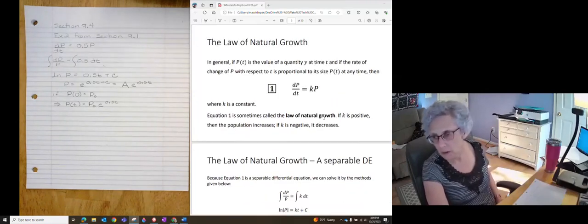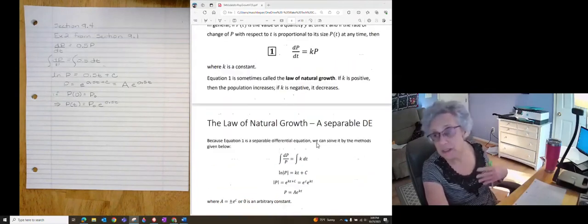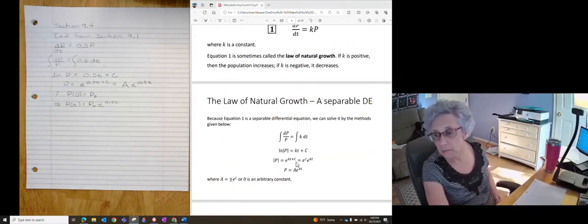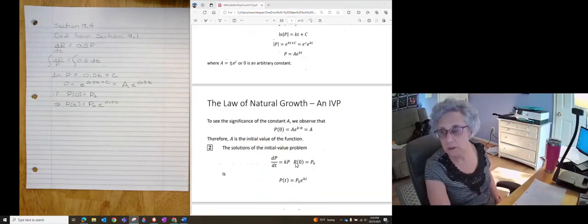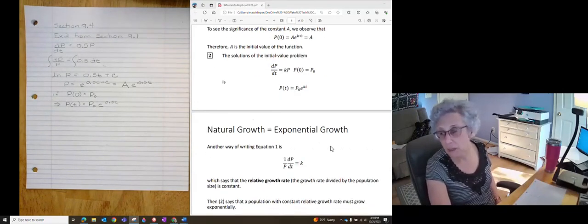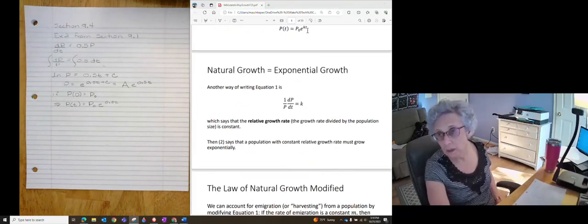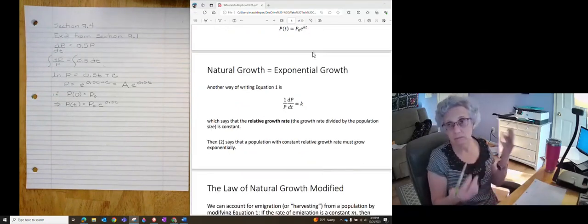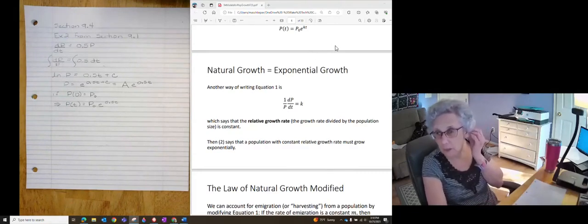So here's the law of natural growth. If k is positive, it increases. If it's negative, it decreases. There's the pretty solution. If you have an initial value problem, then the number sitting next to e raised to the power is the coefficient.